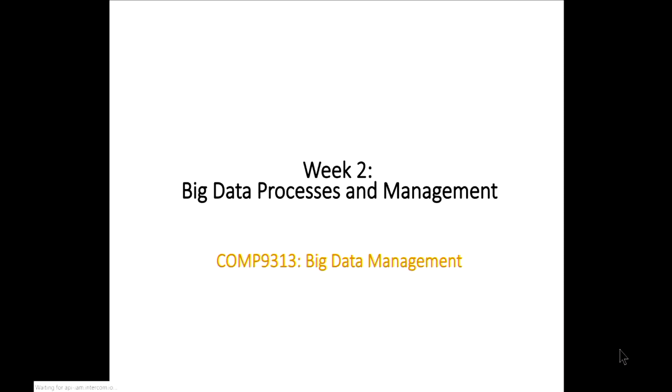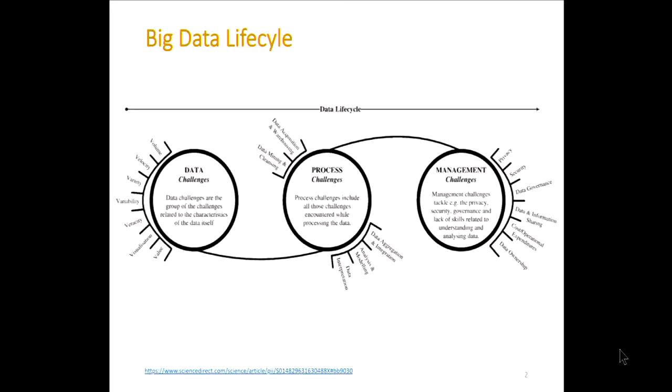Okay, so in terms of the big data lifecycle, last week, we talked about the data challenges. What are the V's for big data? Volume, variety, veracity, and other V's, visibility. So we looked at it from data concerns. What are the things that make big data what it is? Why the concern?